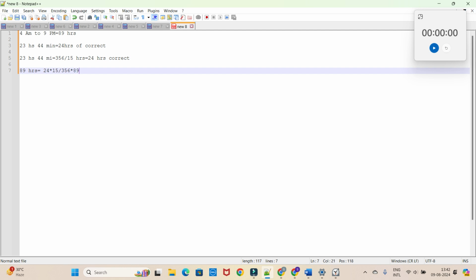That is equal to 90 hours of the correct clock. So here the correct clock is going to gain 1 hour over the incorrect clock. So the time on the fourth day would be 10 p.m.